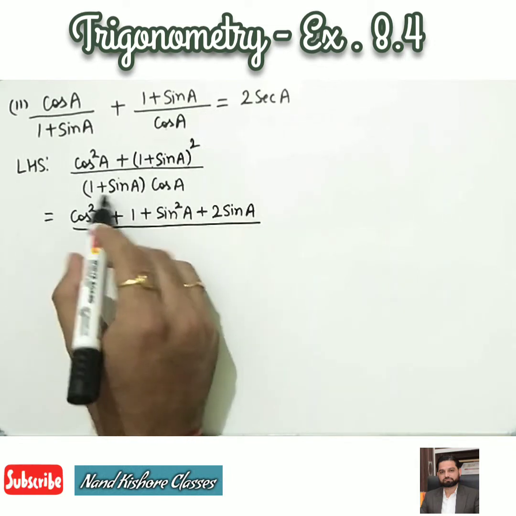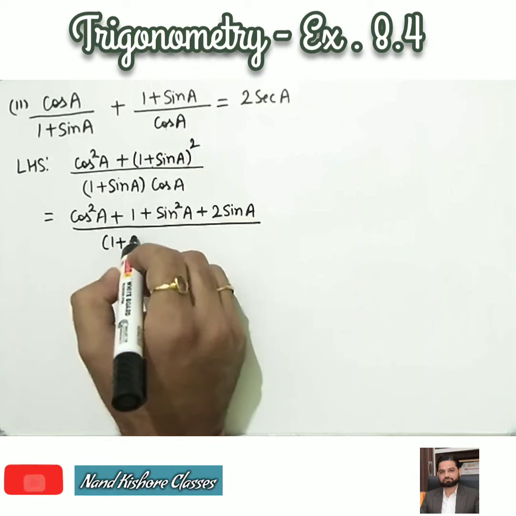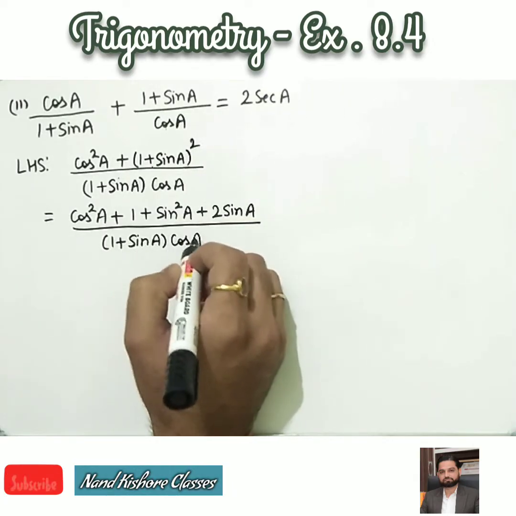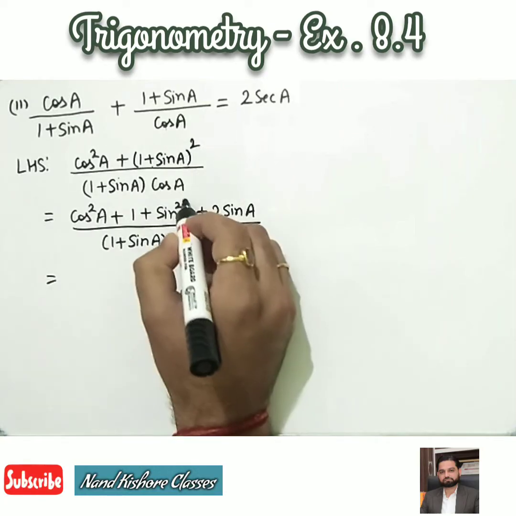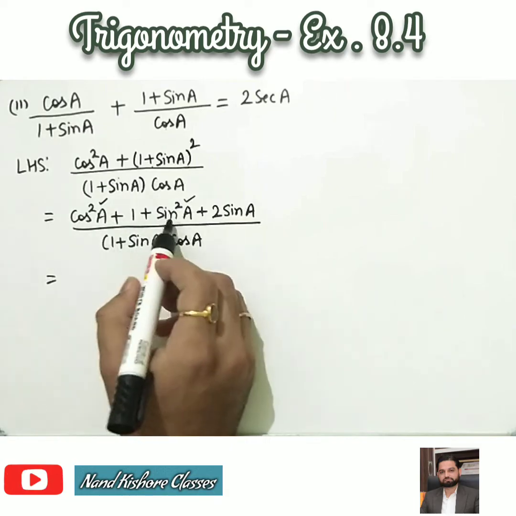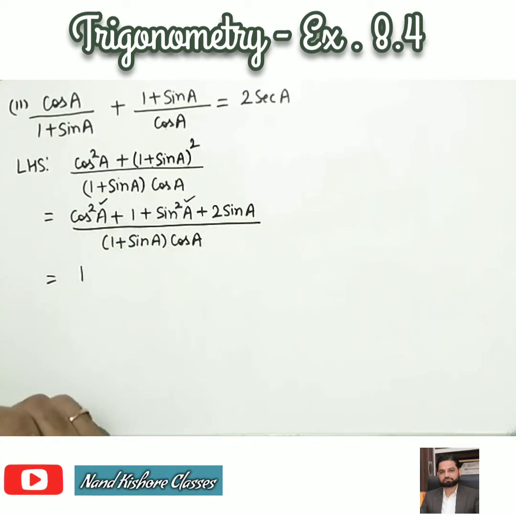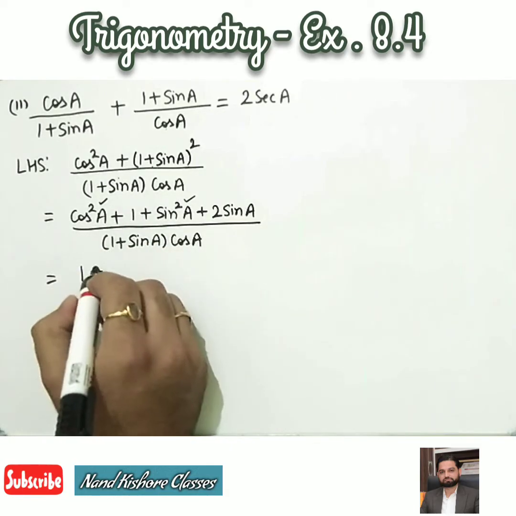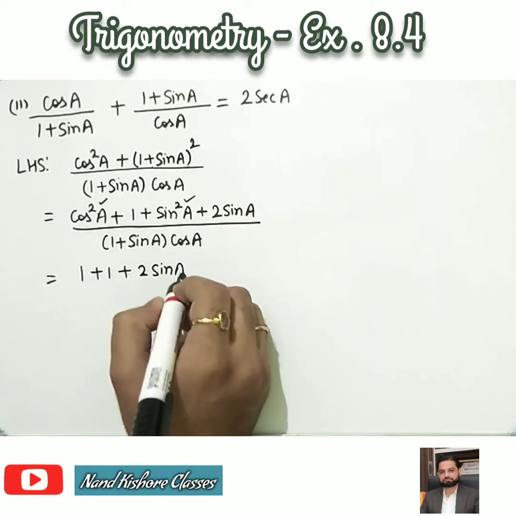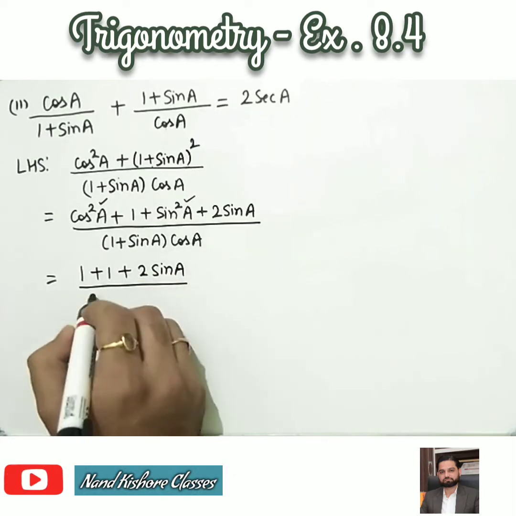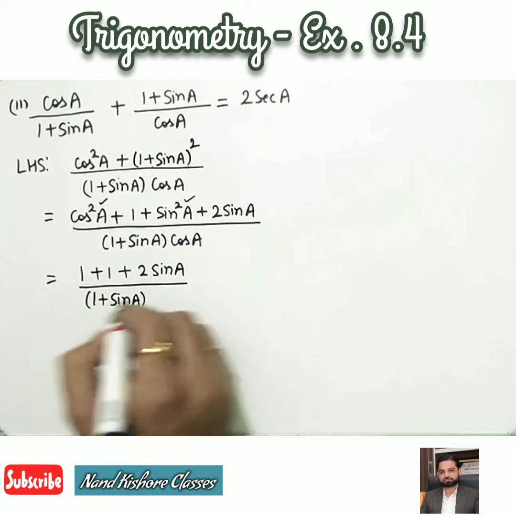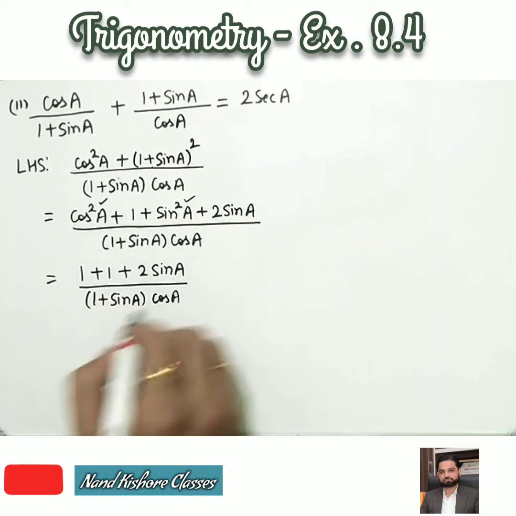So 2 sin A, and denominator remain as it is, (1 plus sin A) into cos A. Now see, sin square A plus cos square A. We have done the formula, sin square A plus cos square A is 1. So I am writing 1 in these places. Then plus 1 again, 2 sin A. Denominator is (1 plus sin A) into cos A.